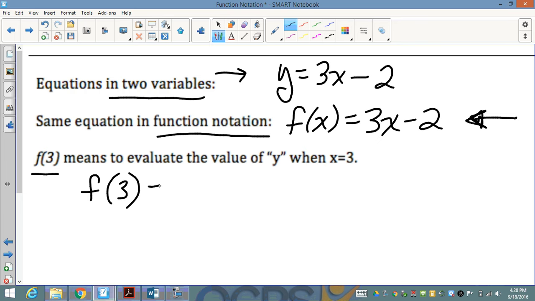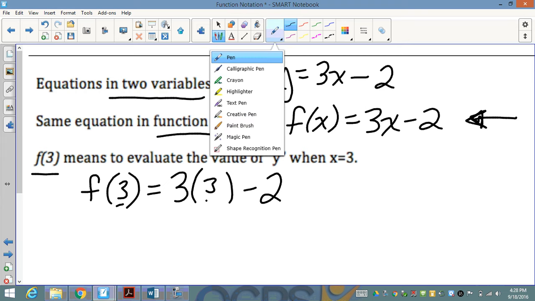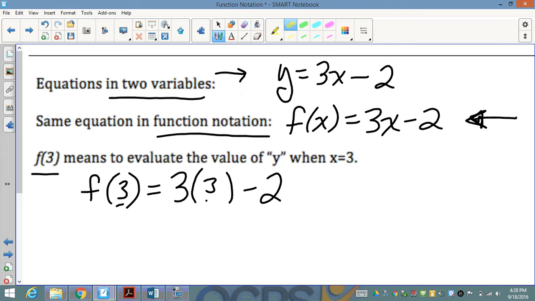In other words, this f of 3 tells me to go into my function, take out the x, and put in a 3. See that? So let's make sure we understand what happened there. This is my f of x. It's a function with x as the variable. When I ask for f of 3, I take out the x and I plug in 3. That's it. Now I can evaluate.